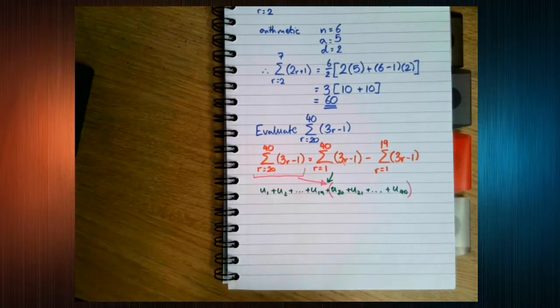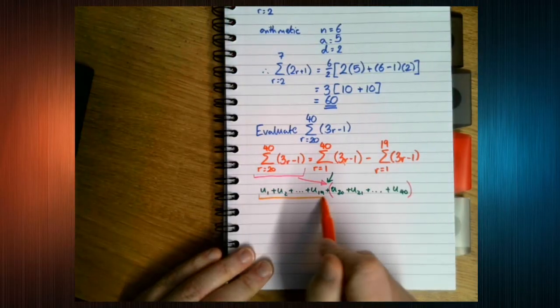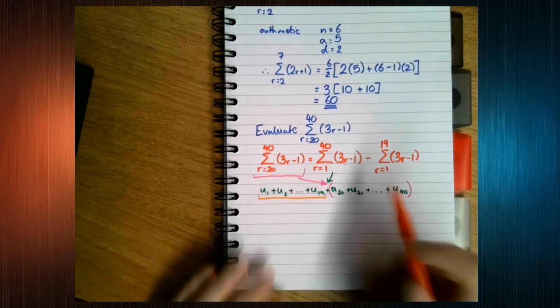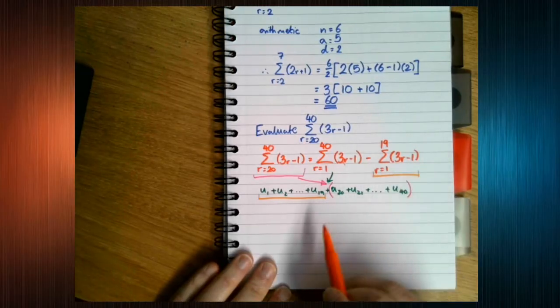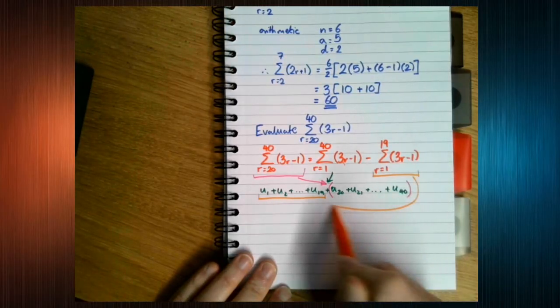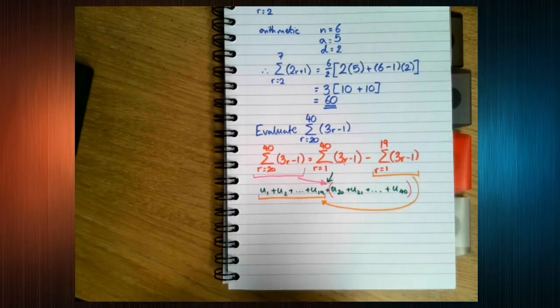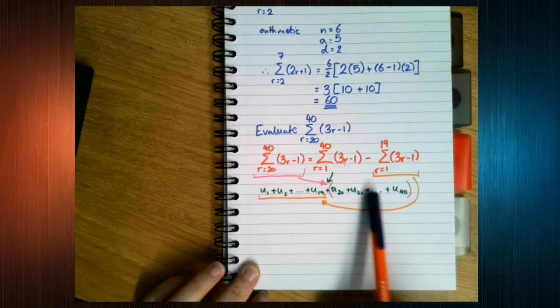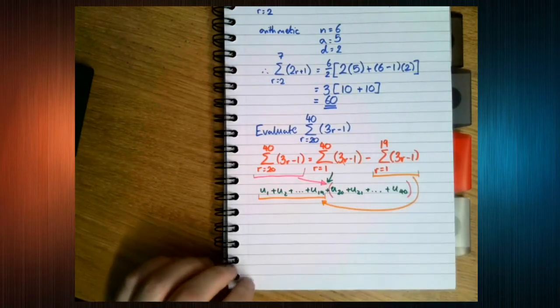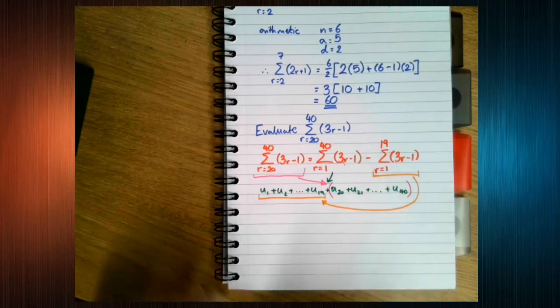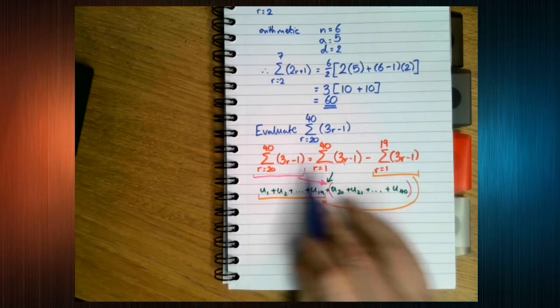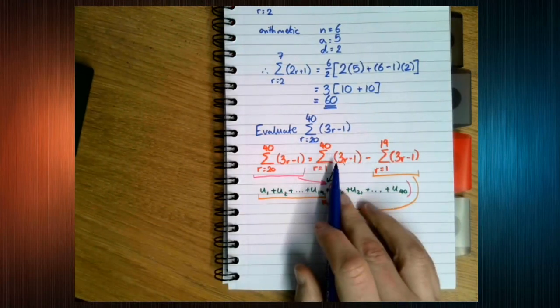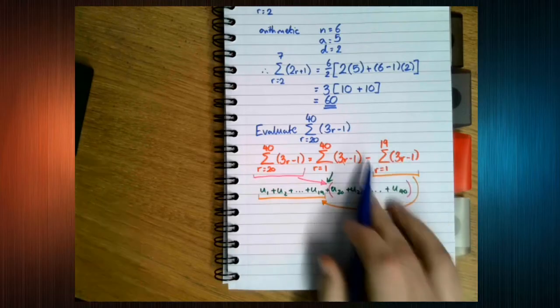So if we subtract this bit, which is that lot of stuff, from the whole thing, we get what I've bracketed in pink. So we can see these are two arithmetic series. This one has 40 terms, this one has 19 terms.